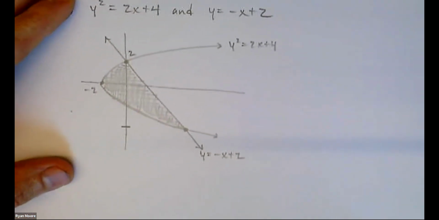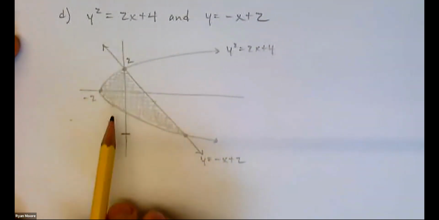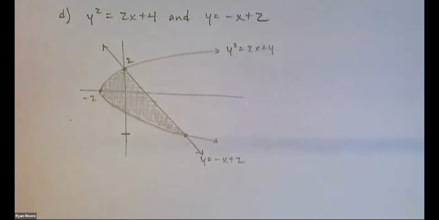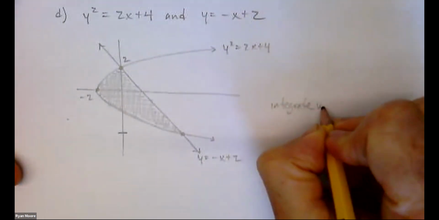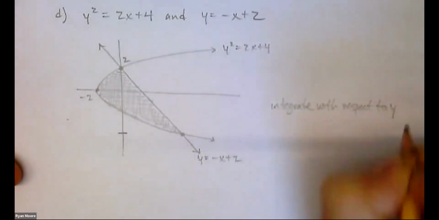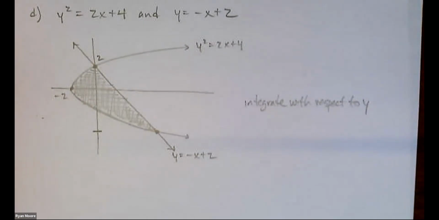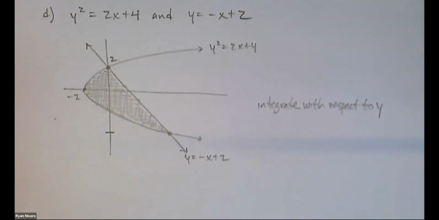Top, bottom. But of course, the way it's actually oriented is this way. We're thinking of the axes as being reversed. What I'm getting at is we're going to integrate with respect to y. We're not going to integrate with x. We're going to integrate with y, because like I said, we have to change the orientation of the axes.